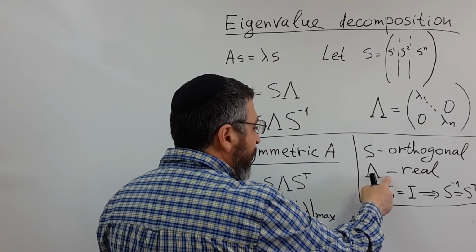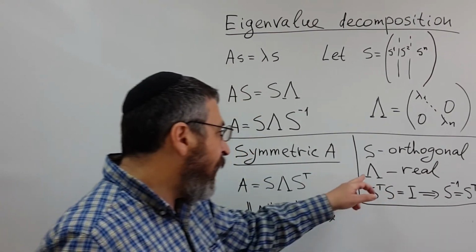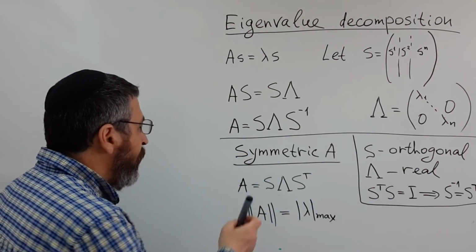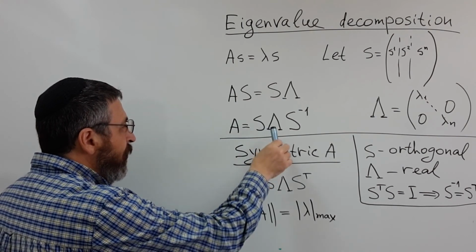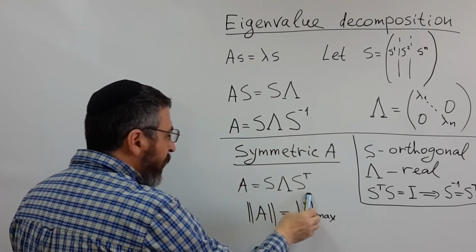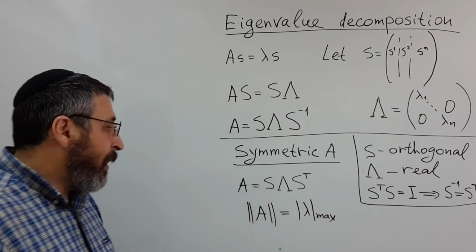And eigenvalues are real. They may be positive or negative, but they are real. So in this case, we can replace S inverse by S transpose, and this is the eigenvalue decomposition of a symmetric matrix.